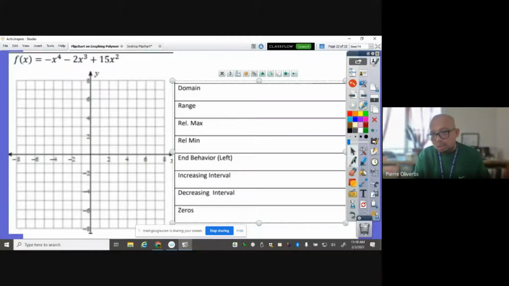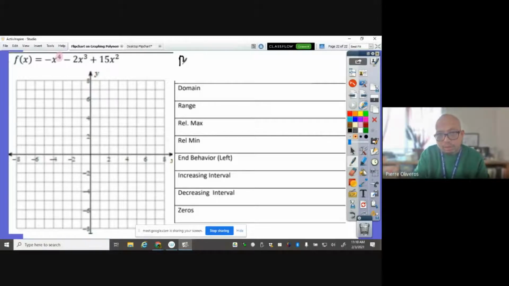But before we continue, let's look at the equation. What are the things that we know about a function with fourth degree? The degree here is four, called quartic. We know that's even. The leading coefficient here is negative, so the leading coefficient is -1.